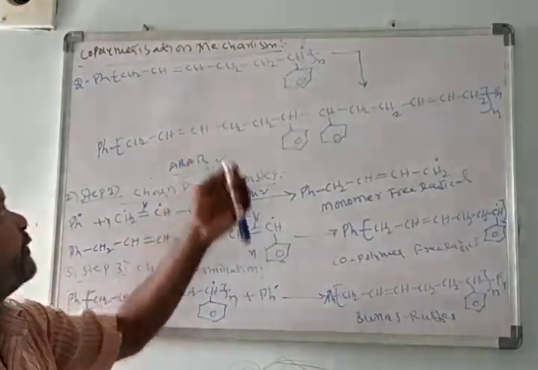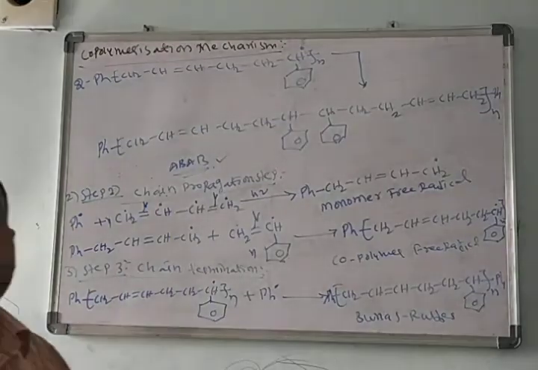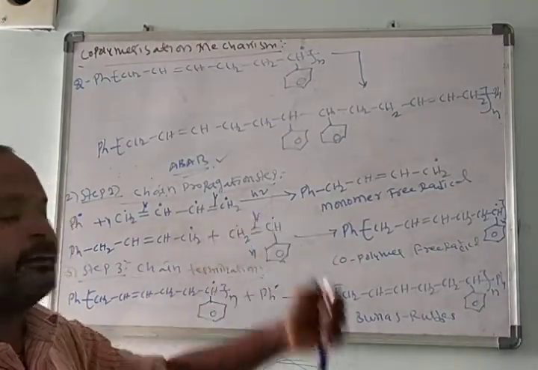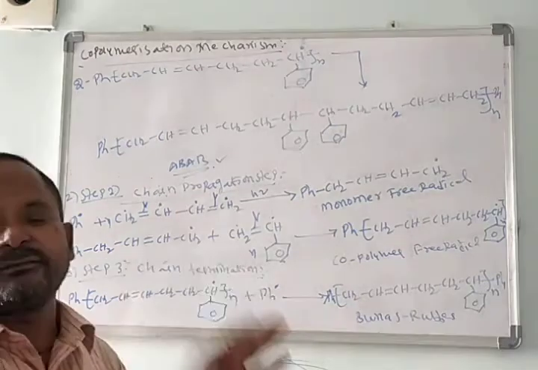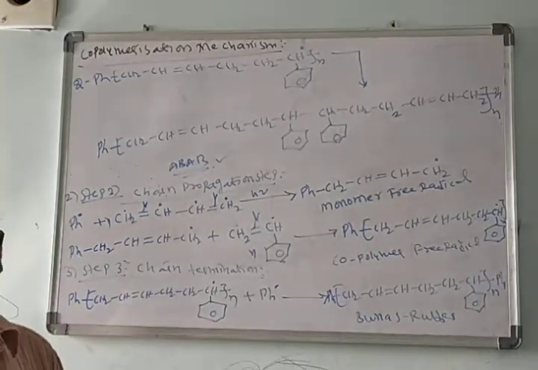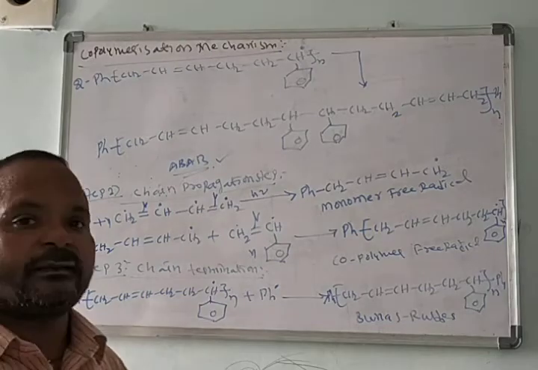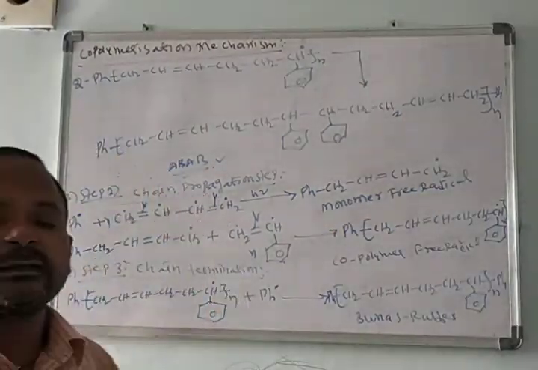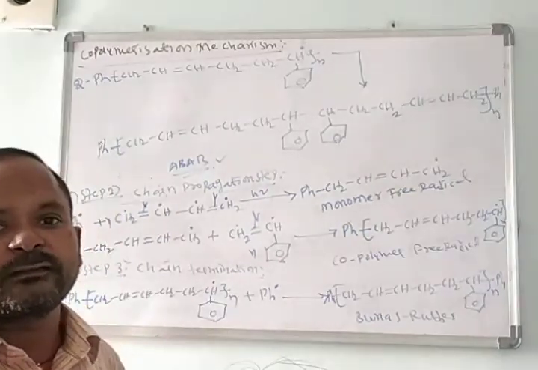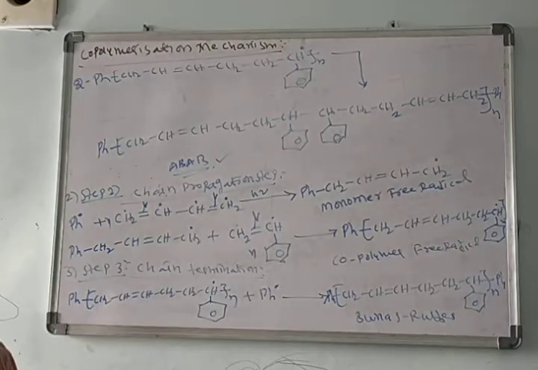By using this we prepare various types of copolymers. Yesterday we discussed only the homopolymerization mechanism. There are two types of polymers, homopolymers and copolymers. Thank you.